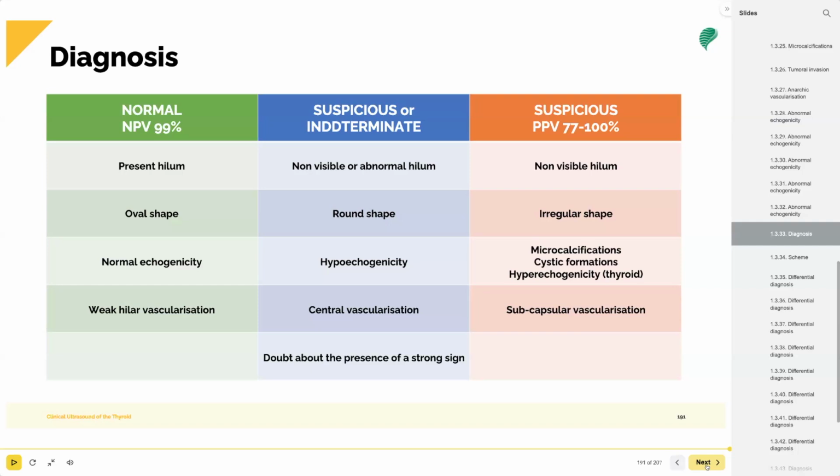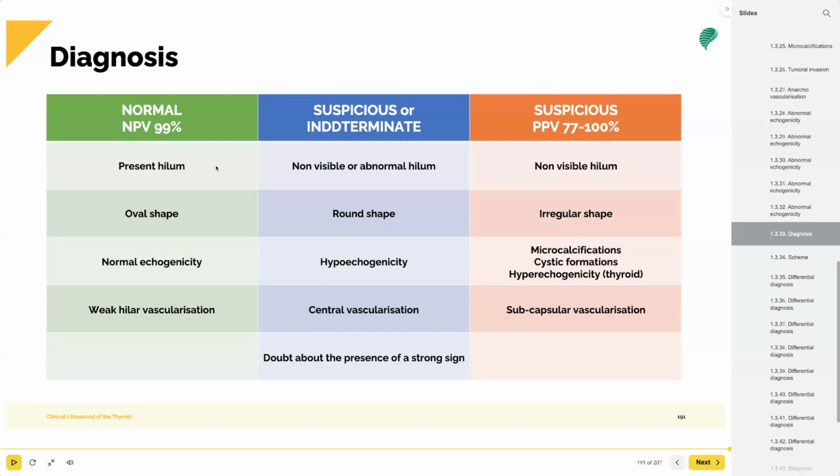So this is a great chart to have, and it talks about the presence of a hilum, visible or non-visible, the shape, the echogenicity, and the vascularization. You can see with each one, it changes.